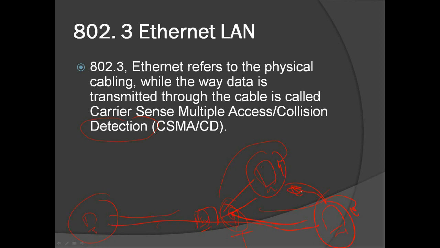Because if it has the same time interval, there will still be a collision. So if a collision is detected, it will ask the two computers to resend the data at a random time, a different time for each, to avoid collision. That is the technology used in the 802.3 to avoid collision, the CSMA/CD, or carrier sense multiple access collision detection.